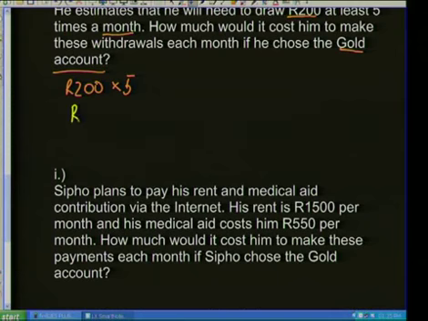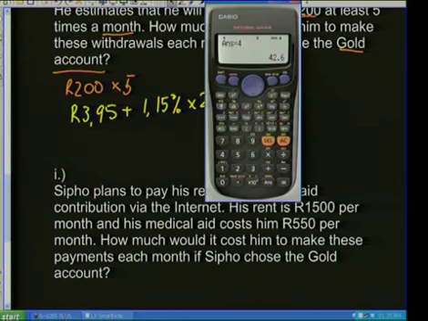So it was 3 Rand 95 plus 1.15% of the value. In fact, we had done that calculation in this question before, but let's just do it again. It was 3.95 plus 1.15% of the value of 200, and that was 6 Rand 25.